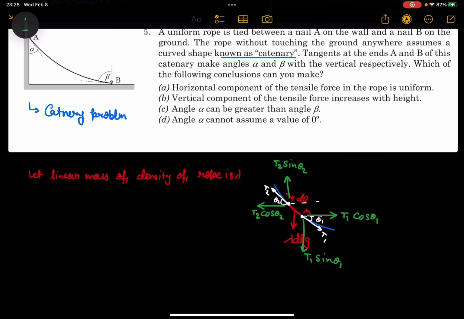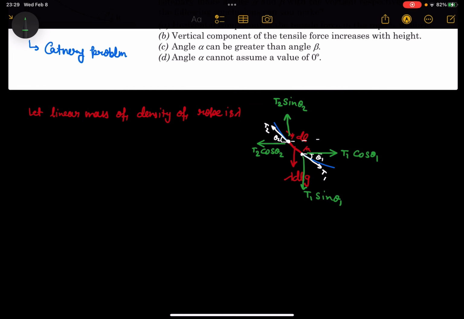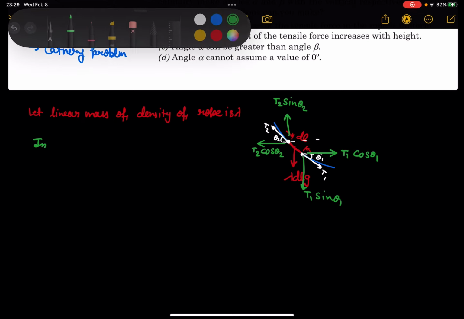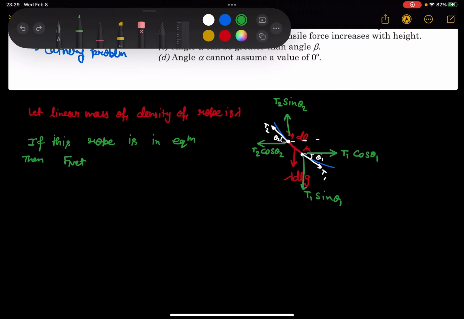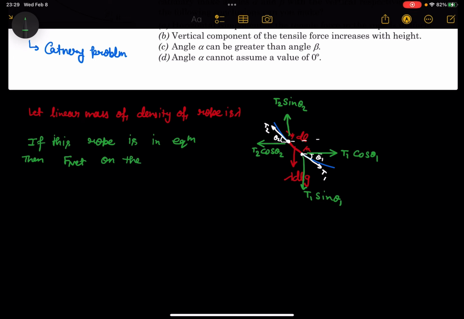I tell you clearly, you listen. If this rope is in equilibrium, then the horizontal forces are balanced. If this rope is in equilibrium, then the net force on the rope is 0.